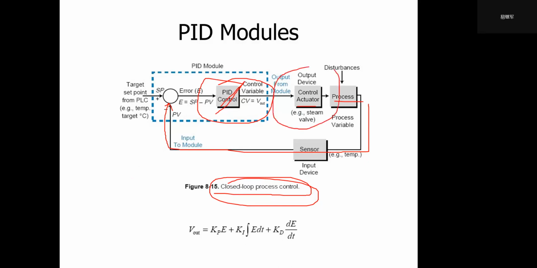If we add the PID control in the system, the error is input to the PID control. This is the equation for the PID control, which I have introduced before.